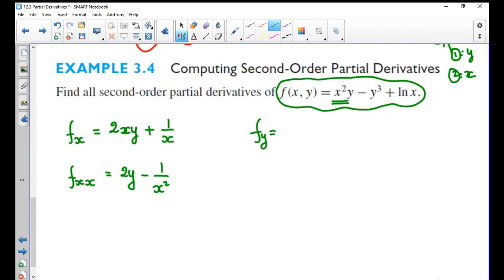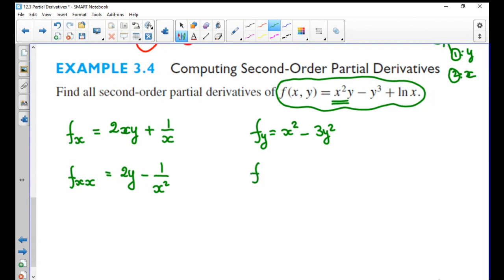X squared minus 3y squared. And then the derivative of ln x with respect to y is 0.